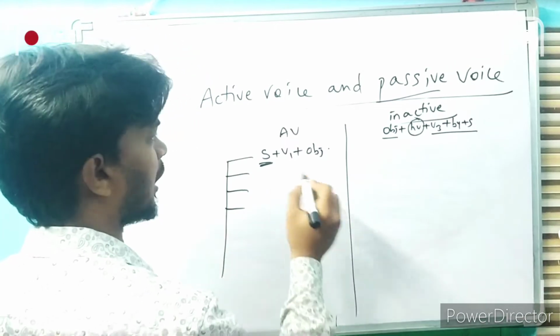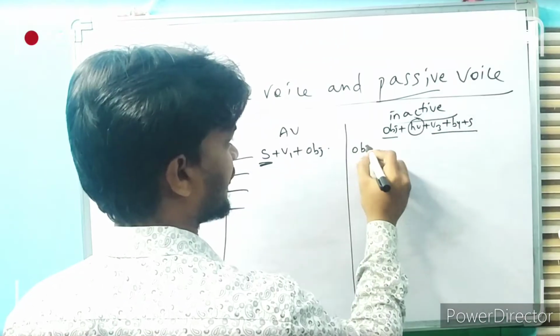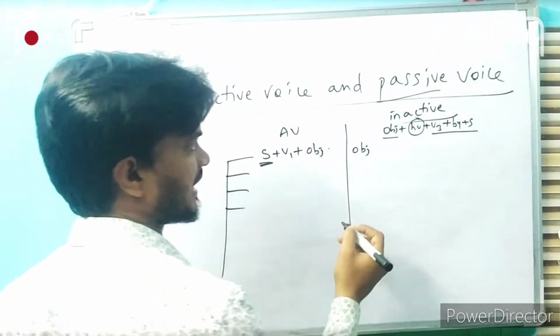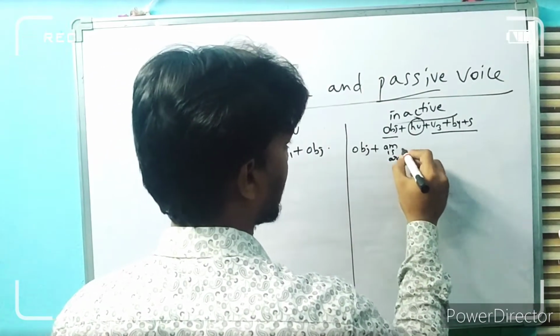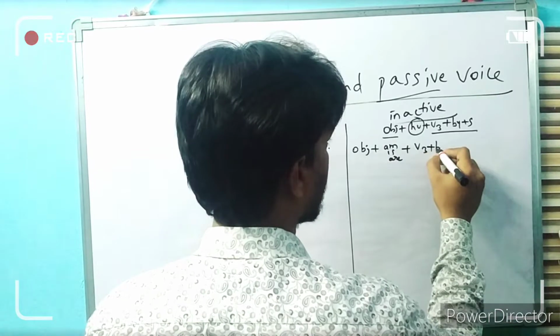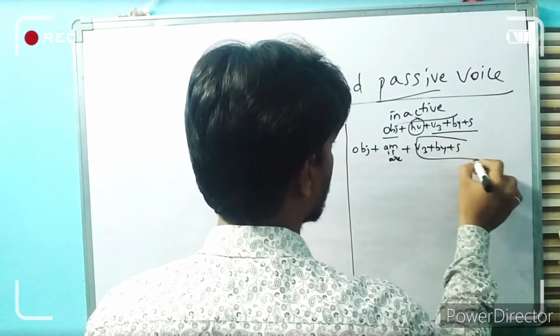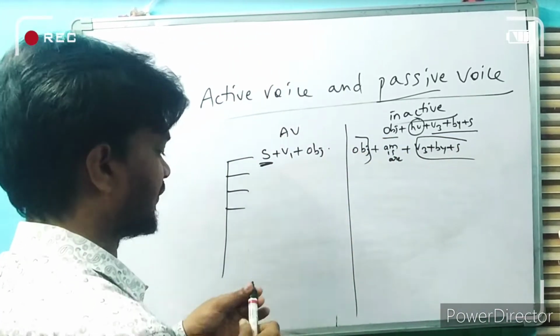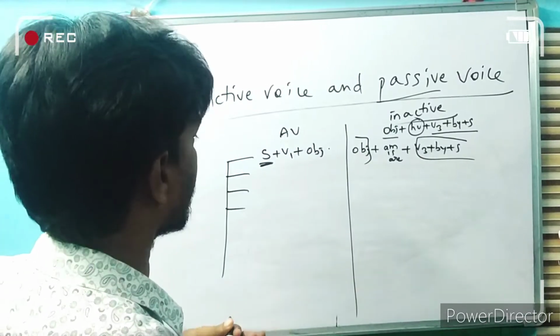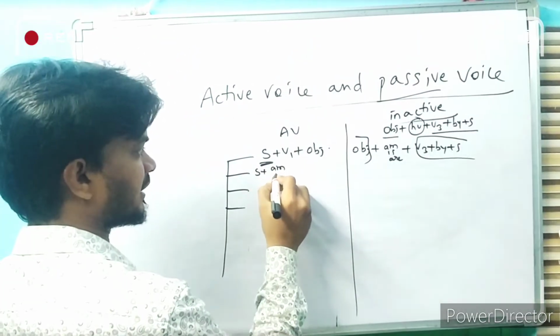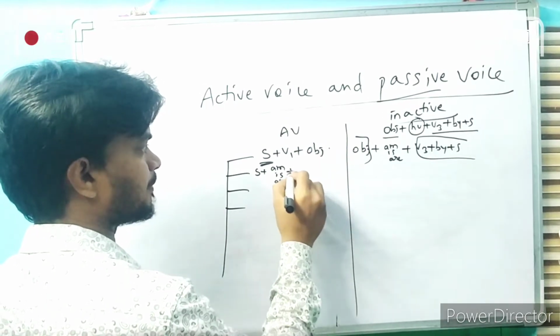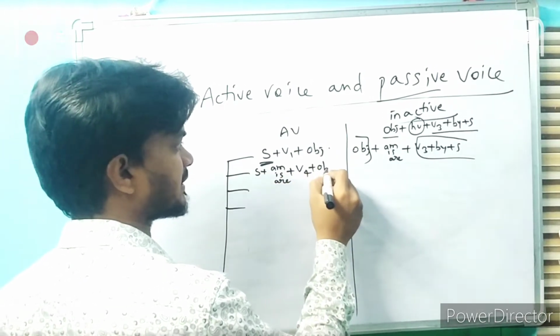Okay, fine. Now, what is the structure of present simple tense passive voice? Object plus am, is, are plus V3 plus by plus subject. So here, this part is the same for all the tenses. Now come to present continuous tense. The structure of present continuous tense is subject plus am, is, are plus V4 plus object.